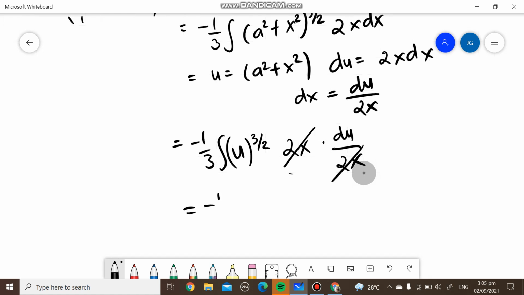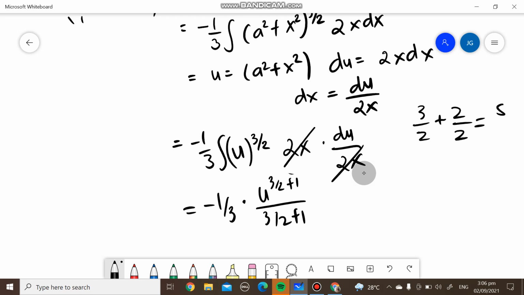So, we will have negative 1/3 times the integral of u raised to 3/2. What's the integral of u raised to 3/2? We have u raised to 3/2 plus 1, all over 3/2 plus 1. So, 3/2 plus 1 equals 5/2. So we will have negative 1/3 multiplied by u raised to 5/2 over 5/2.